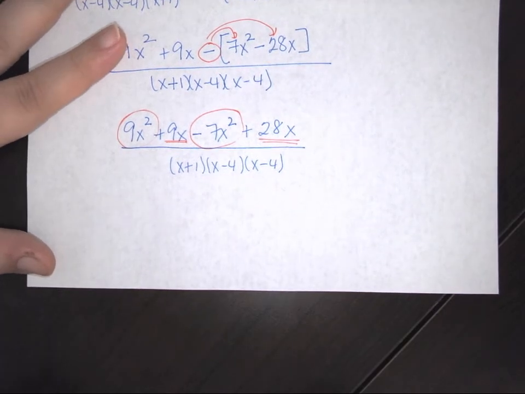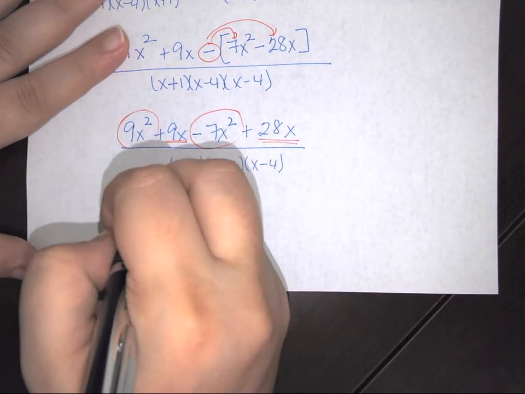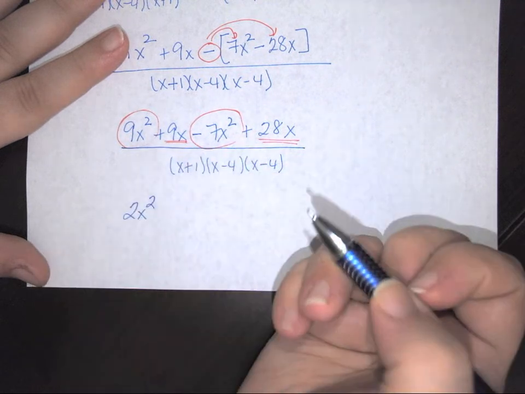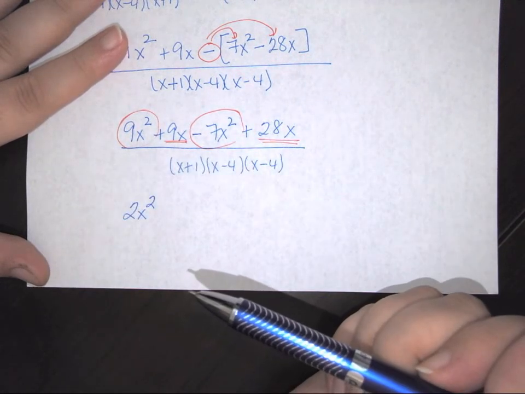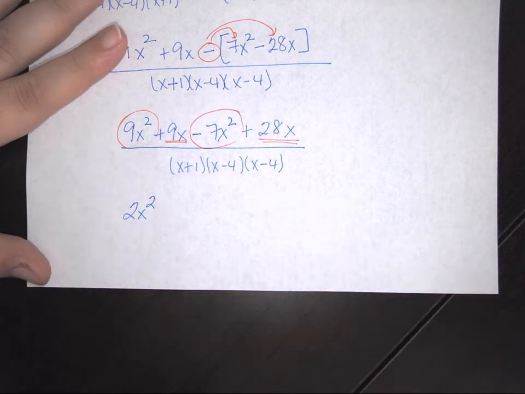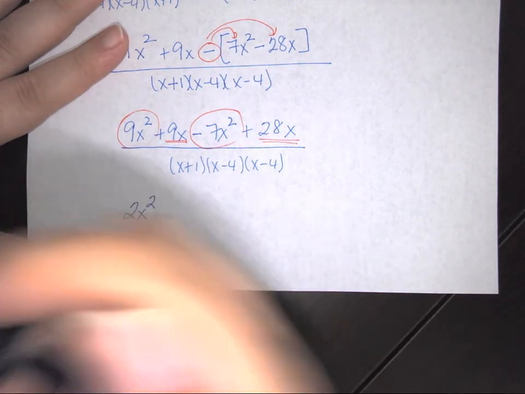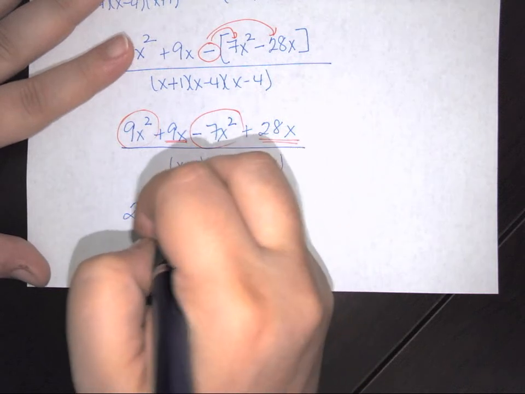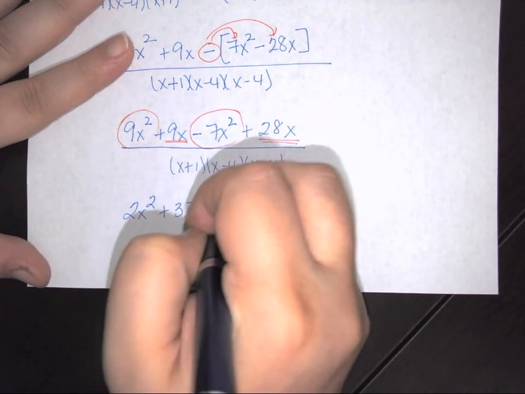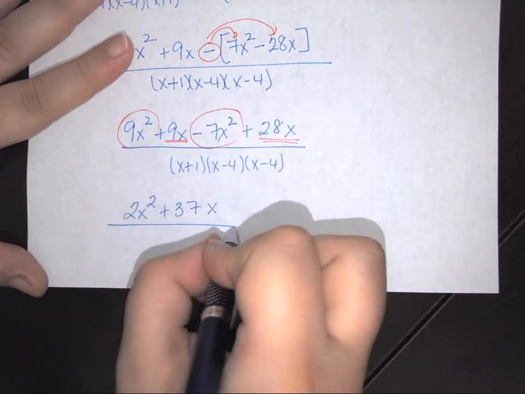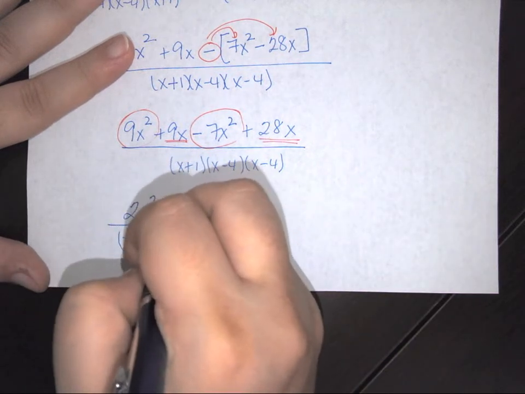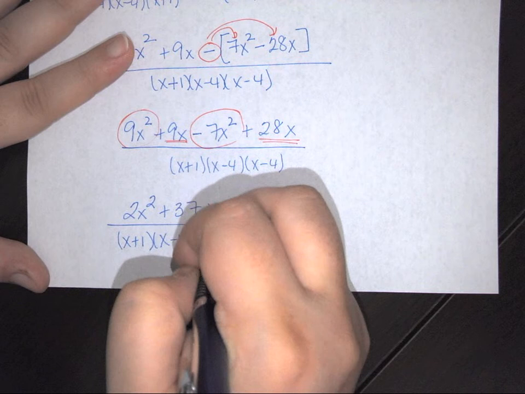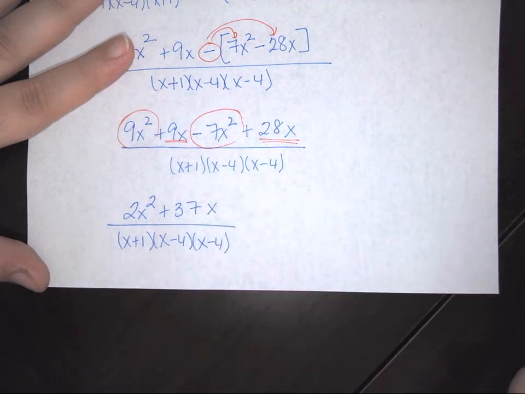9 minus 7 gives me a 2x squared, and then I have 9 plus 28. So here my 9 plus 28 is going to give me plus 37x, and this whole thing is over x plus 1 times x minus 4 times x minus 4.